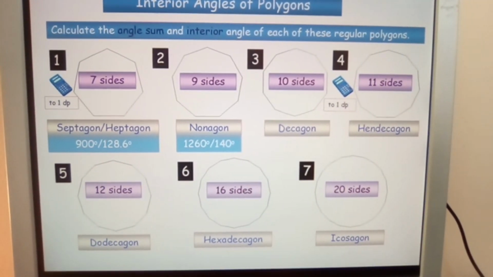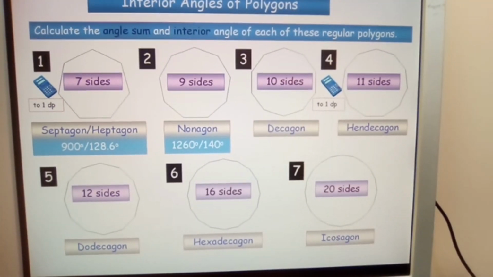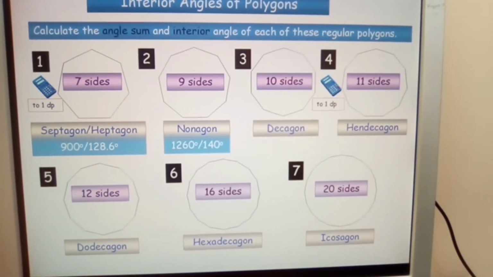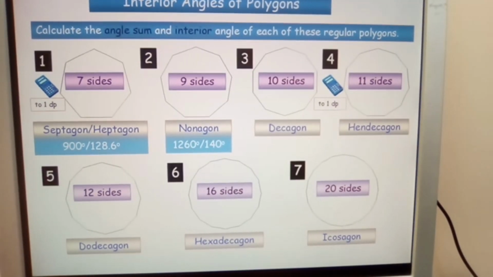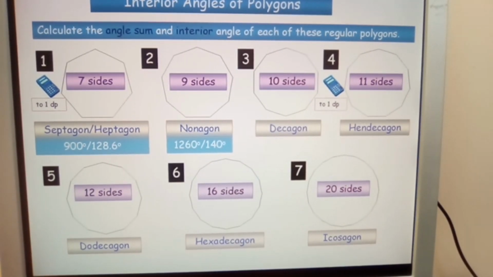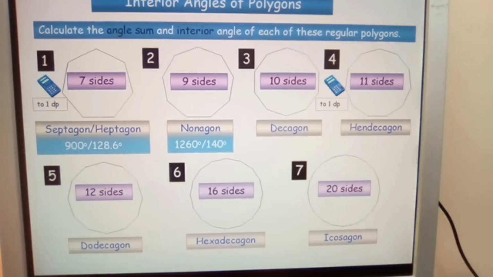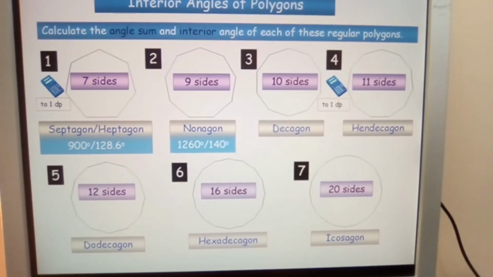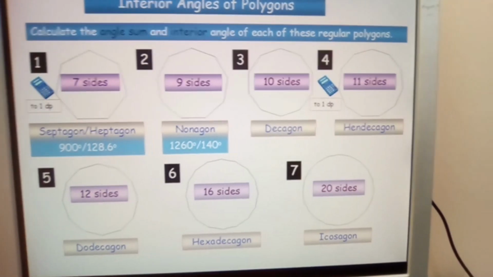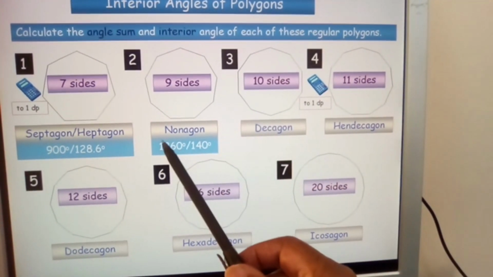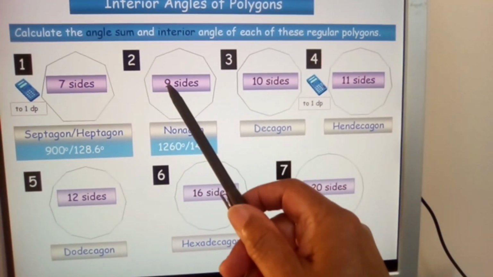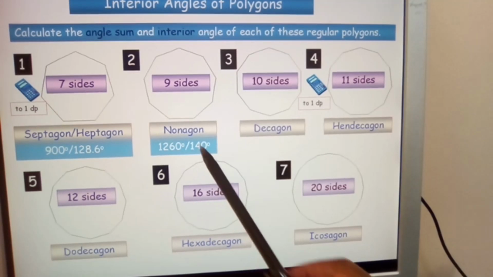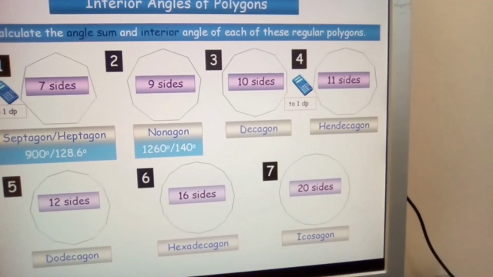And again, the same thing applies here. Same thing again: that number divided by 9 gives you 140 degrees.